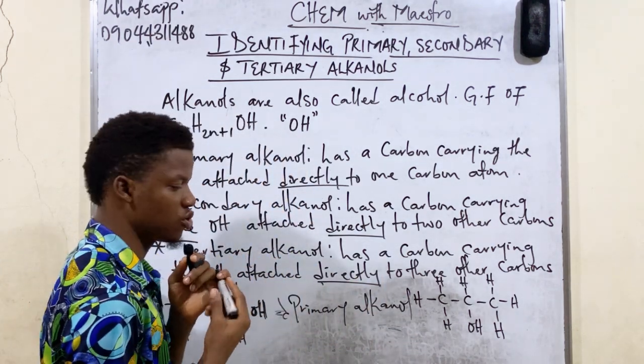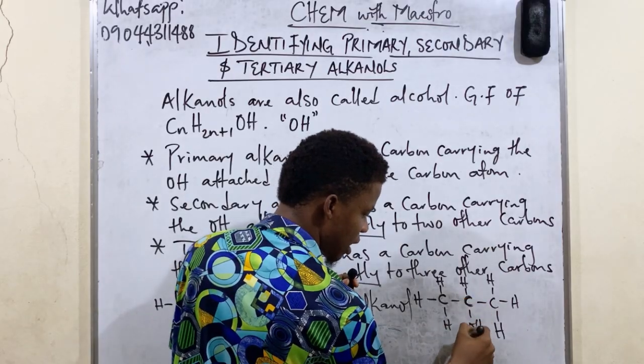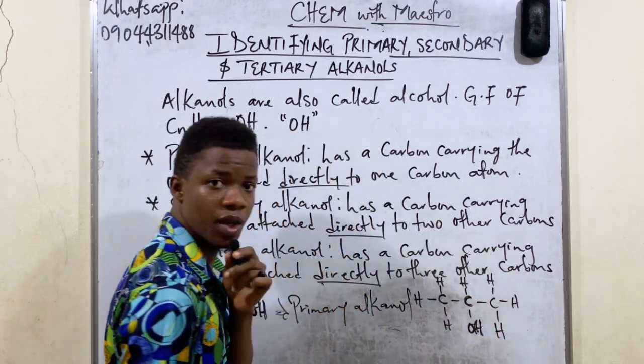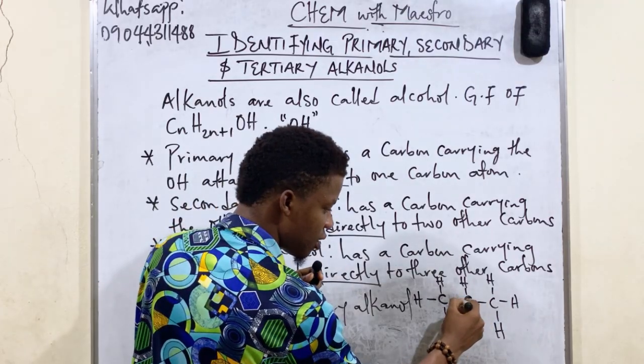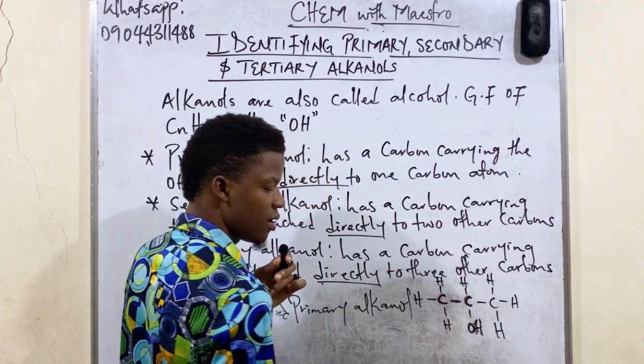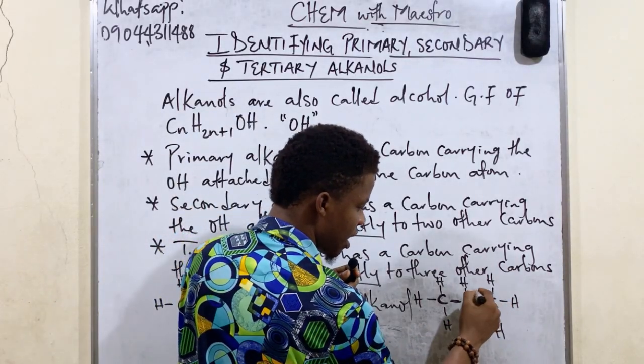How am I so sure? Now look at it. This carbon is the one carrying the OH. Now this carbon is directly connected to what? This guy on this side, and is also directly connected to this guy on this side.